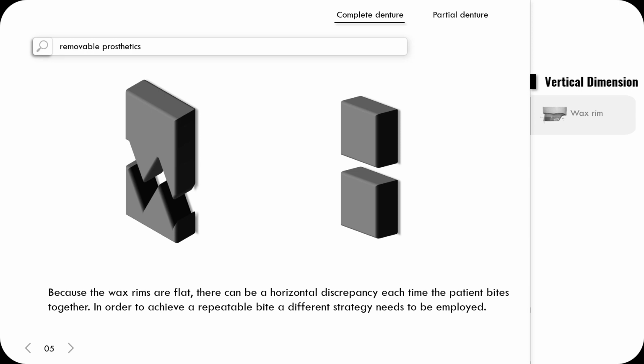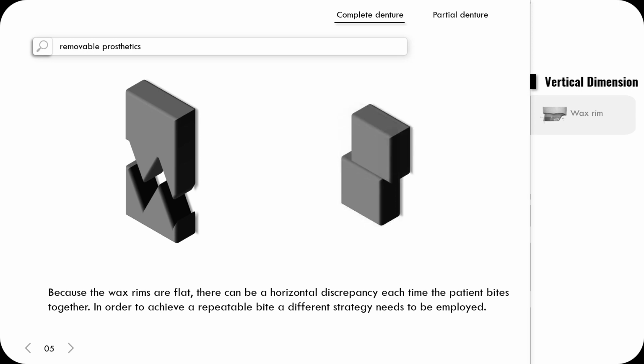The challenge with the denture case is that the rims, although they give us a good idea of where the teeth should be, are made to be perfectly flat. So when you have two surfaces that are perfectly flat, and you ask the patient to close down, there can be these horizontal discrepancies that lead to a very inconsistent bite.